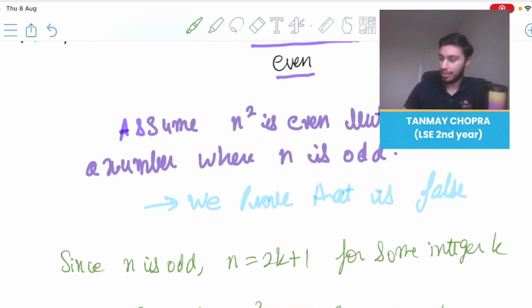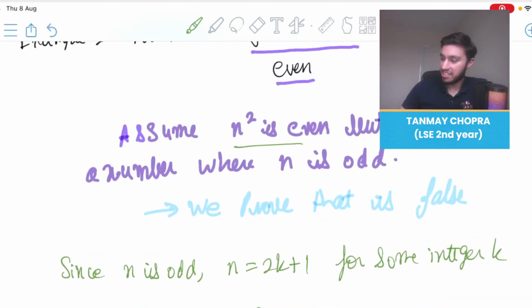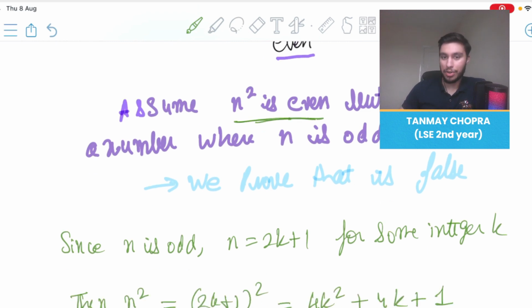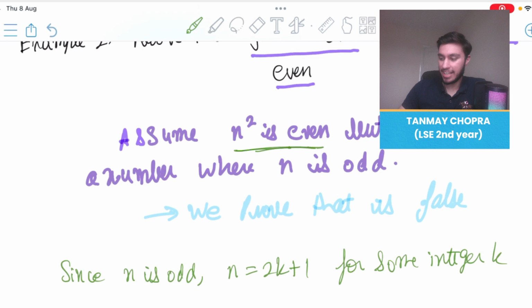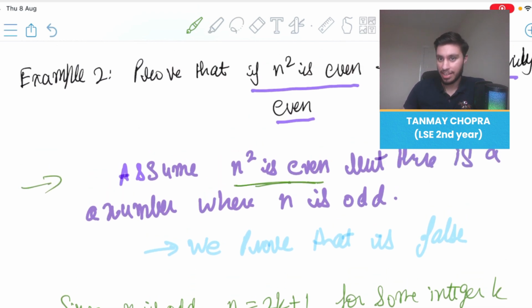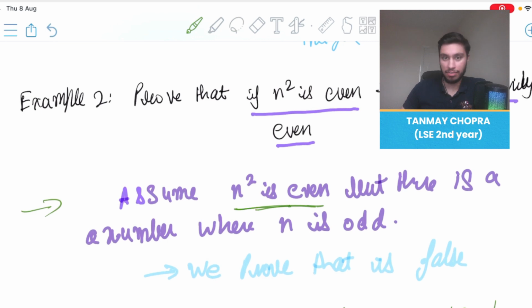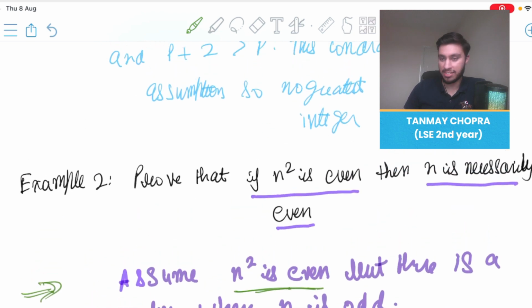But guess what? We assumed n squared is even. So how did we get n squared is odd? That is not possible unless this statement that we began with was indeed false. So now that we have proved that this statement is false, we know the original statement is true.